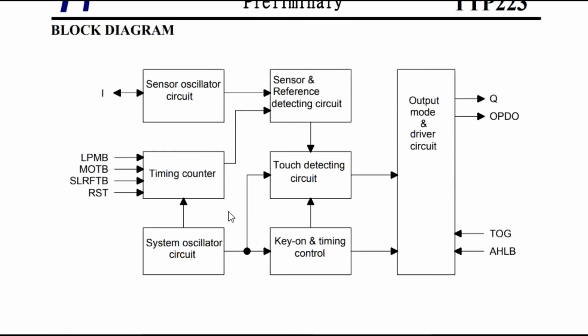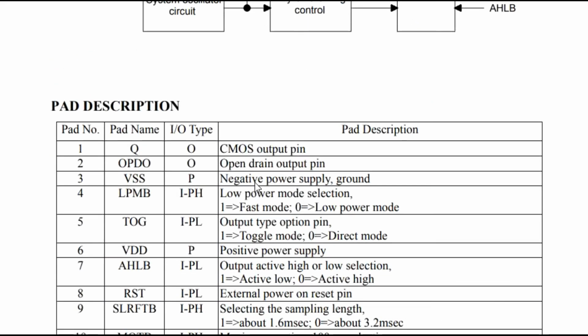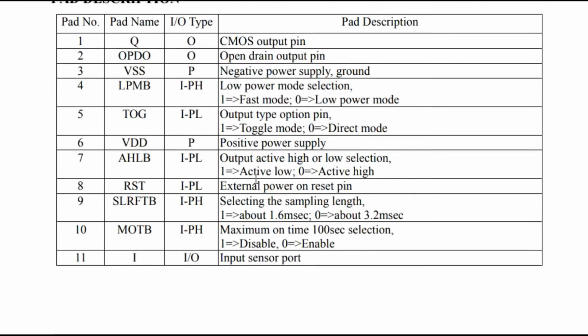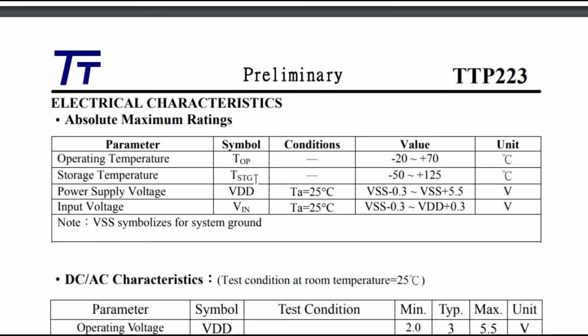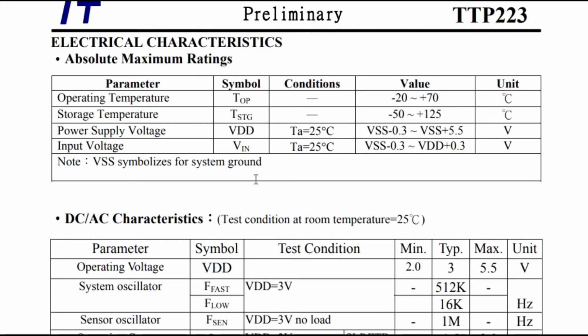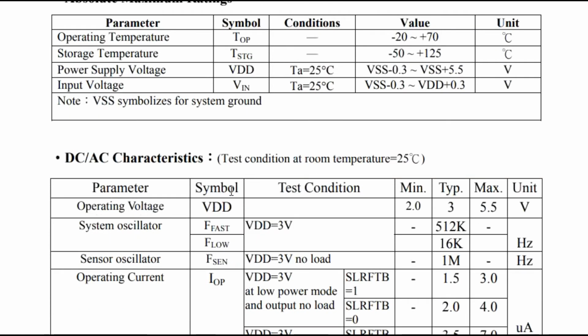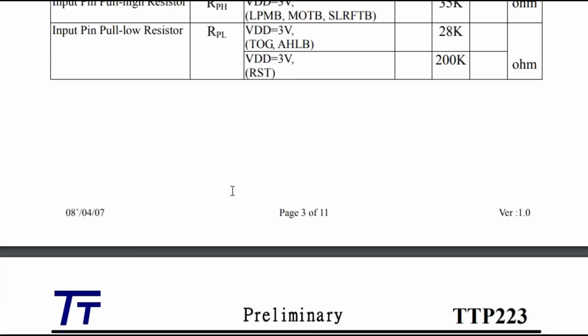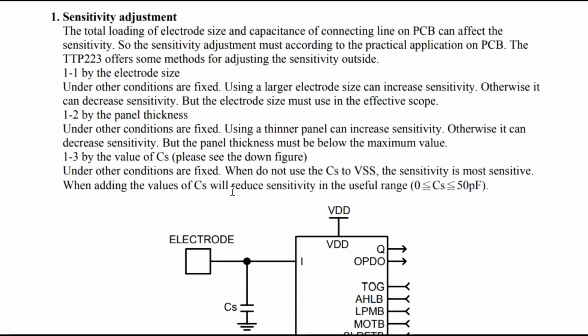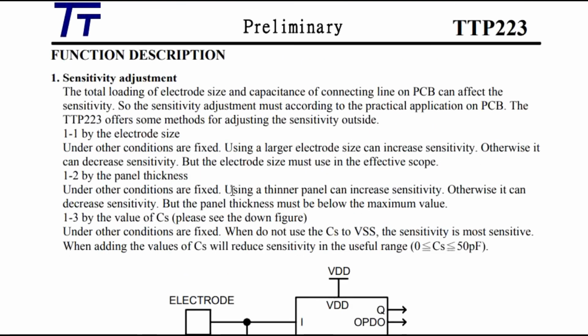This is the circuit block diagram of this touch sensor. These are the pad descriptions of this sensor. Electrical characteristics, DC and AC characteristics of the touch sensor. And this is how we can adjust its sensitivity.